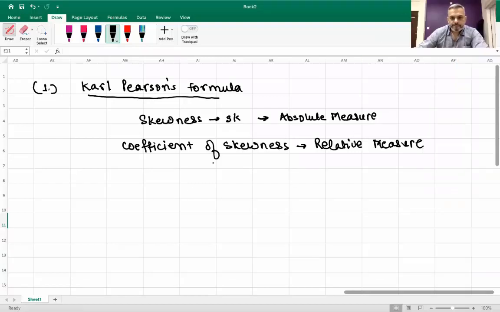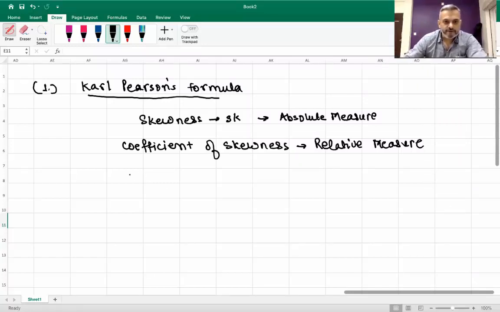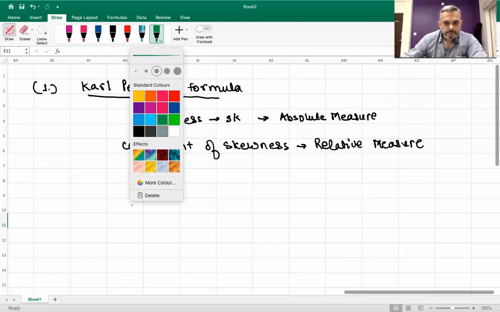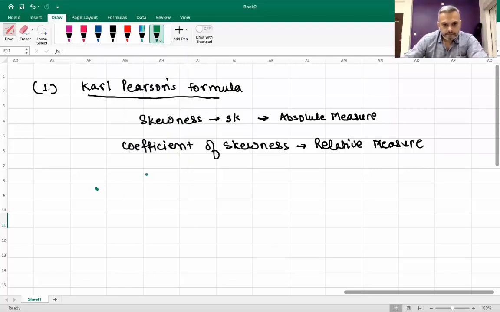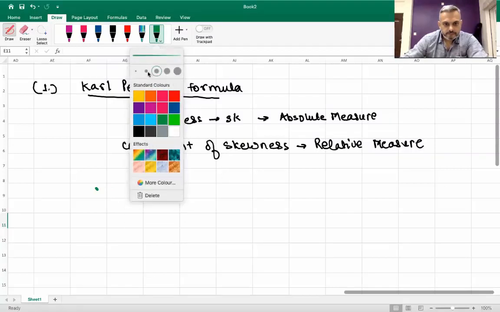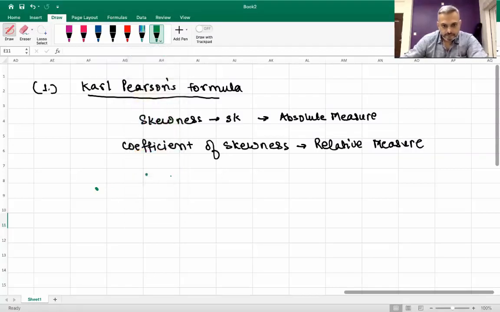Now over here, in coefficient of skewness and skewness, what are the formulas? So formulas are very simple. Skewness, Sk, is equal to x bar minus mode. The formula is very simple. X bar minus mode, that is skewness.